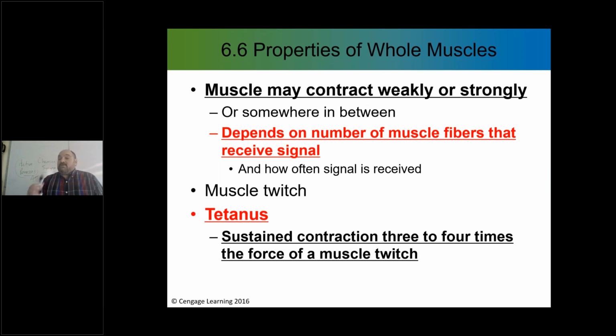So there are fewer muscle fibers needed in order to lift this marker. But how about the water bottle? It's a little bit heavier. So more muscle fibers are needed to lift that. Do you understand? So depending upon the number of muscle fibers that receive the signal, in order to say, hey, gotta lift something heavier or lighter, there's going to be more of a strong or weak contraction.